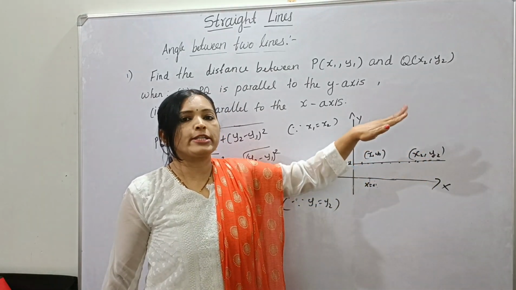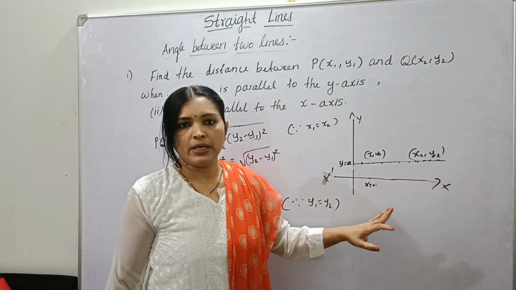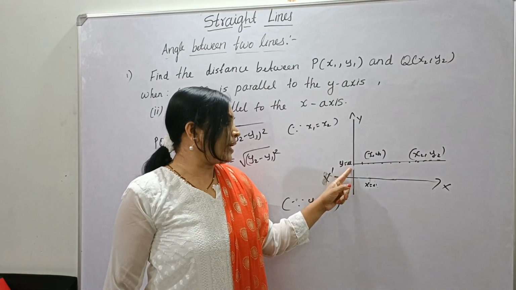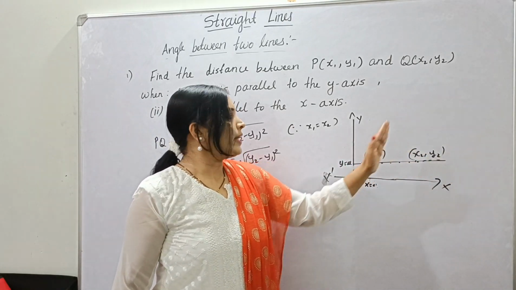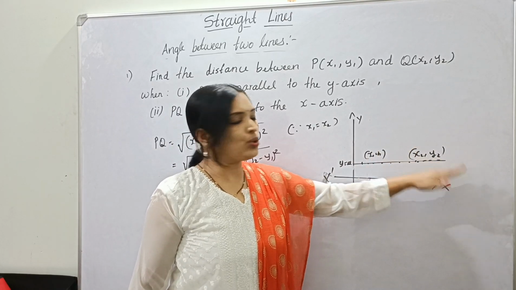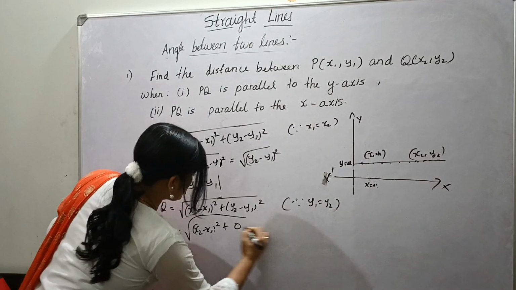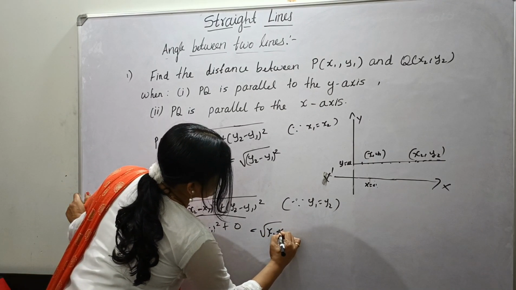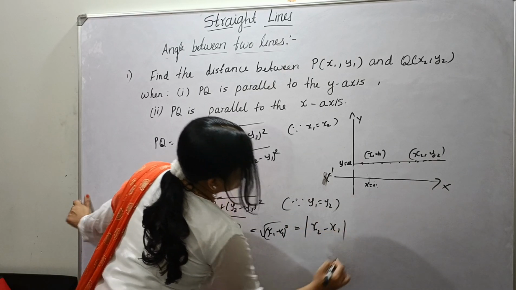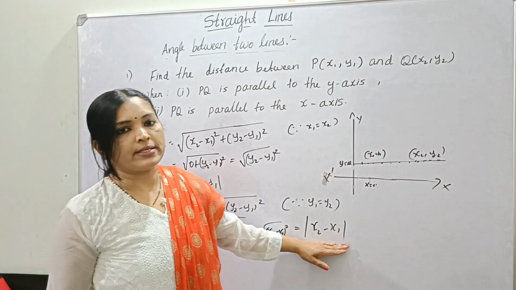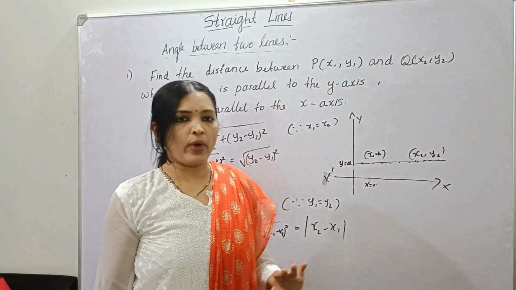All the y coordinates of the points on this line parallel to the x-axis are the same; here y is equal to a, so all the y coordinates are a. Therefore y1 is equal to y2. So it is equal to the square root of (x1 minus x2) whole square, that is equal to modulus of x2 minus x1. So this is the distance between P and Q when it is parallel to the x-axis.